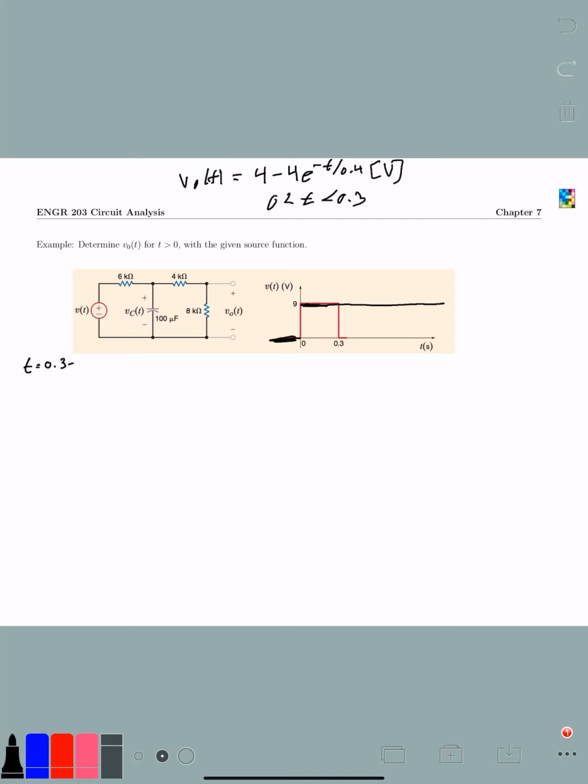So if I put 0.3 minus, then that means the 9 volt source has not switched off yet. Notice that I can't erase the capacitor here because it has not been happening for a long time.